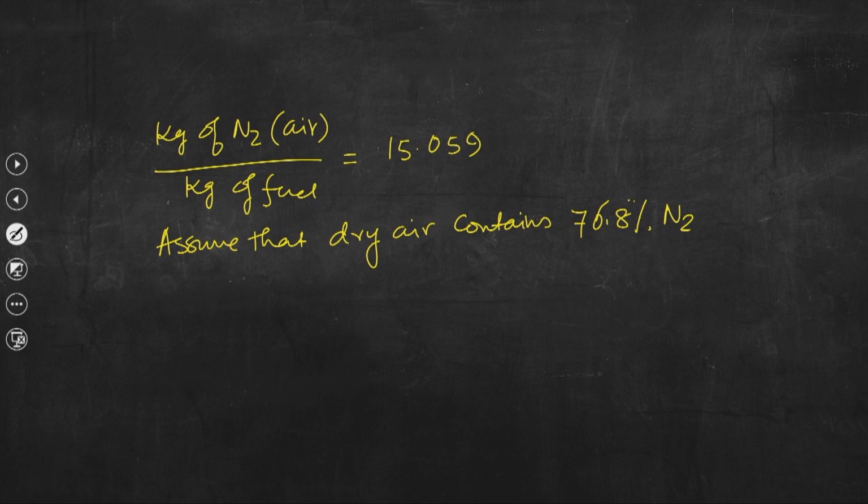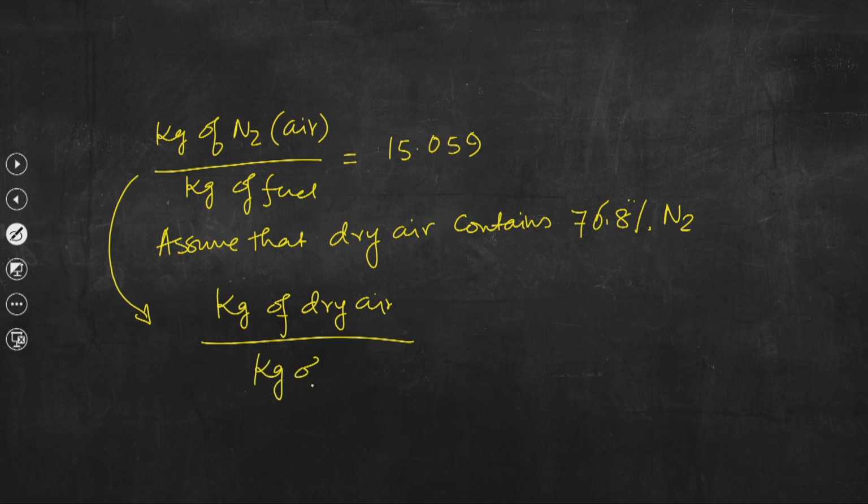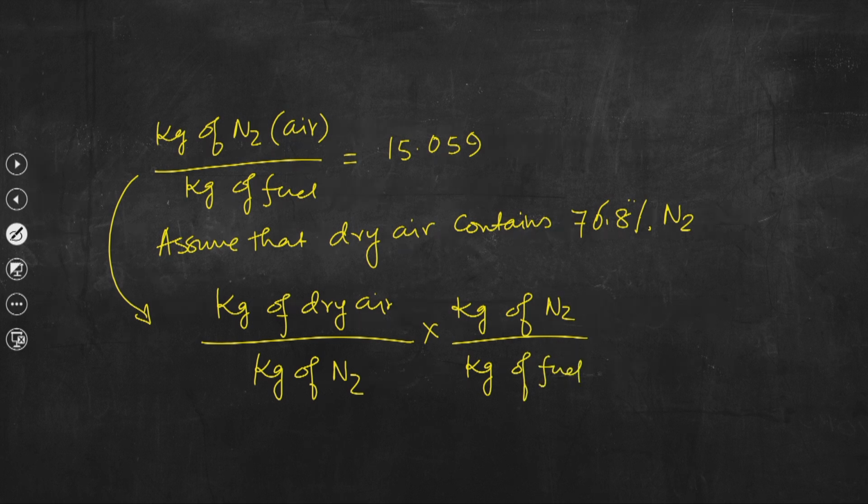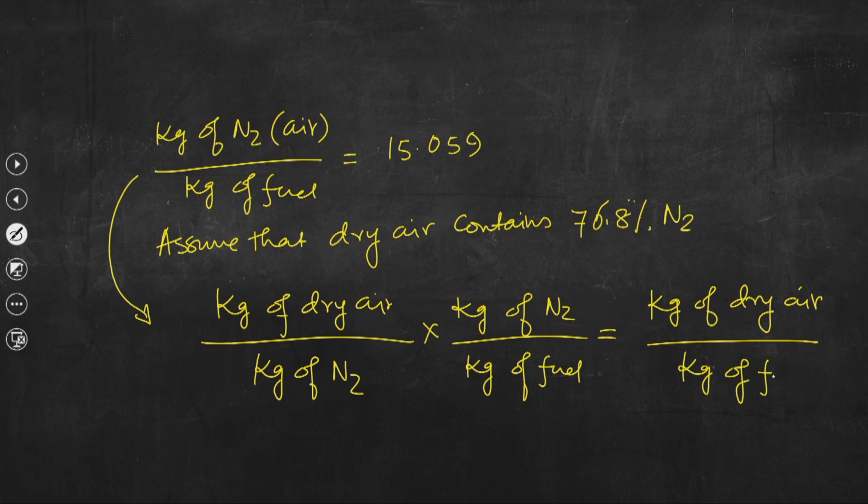So from here we can write kg of dry air by kg of nitrogen into kg of nitrogen divided by kg of fuel equal to kg of dry air divided by kg of fuel.